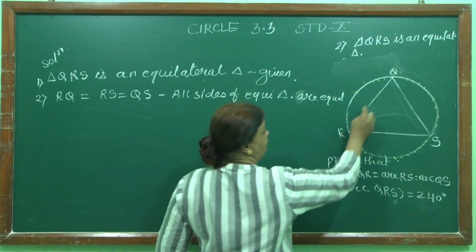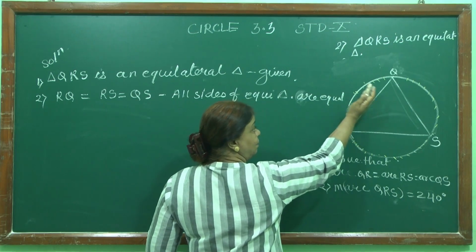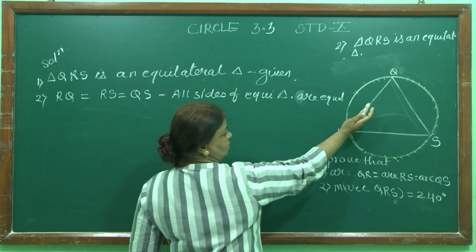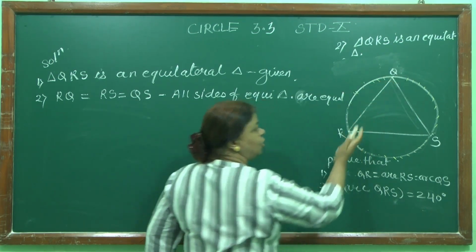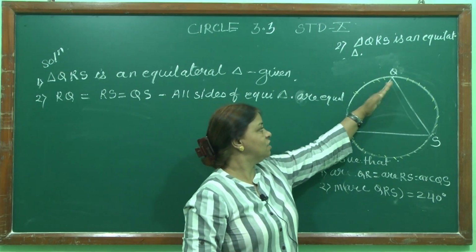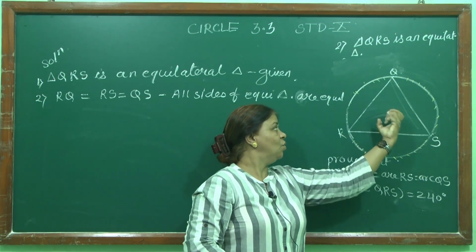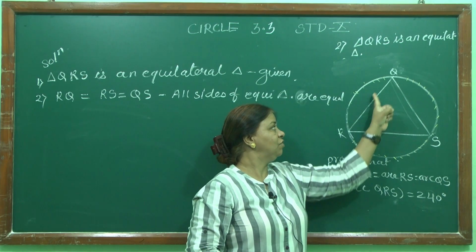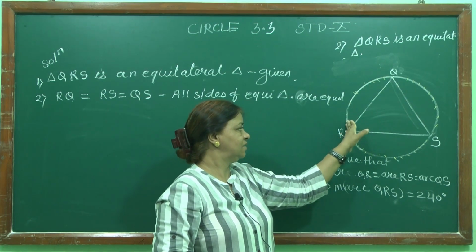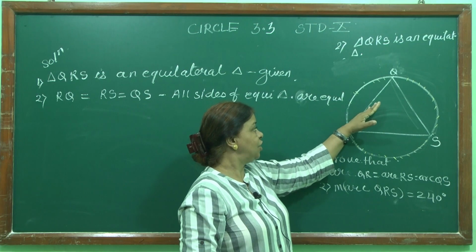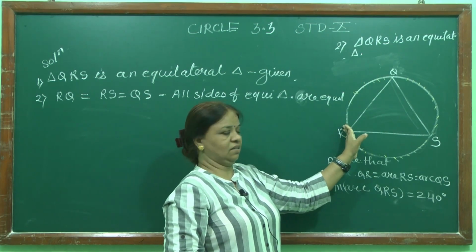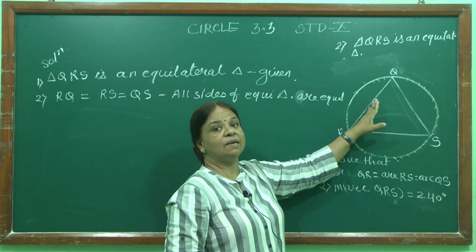See, RQ is subtending the shadow of the side RQ. If this is a wall and we put a light on this RQ, the shadow of the light will cover this arc. So RQ is subtending this arc. This is known as subtending.